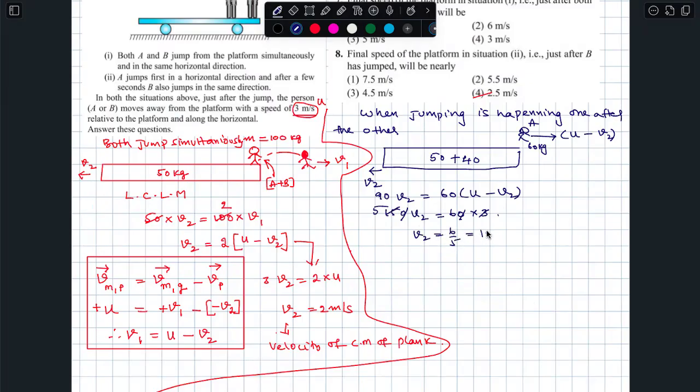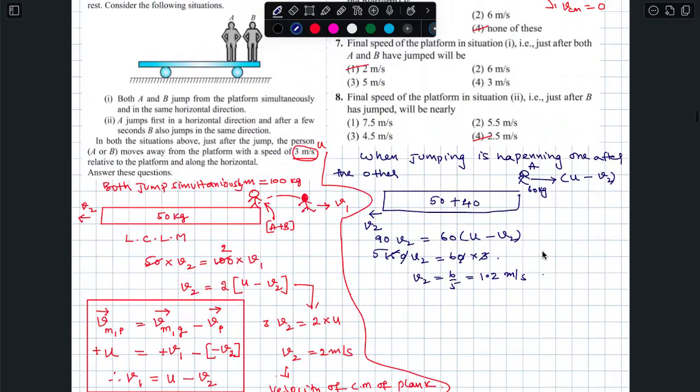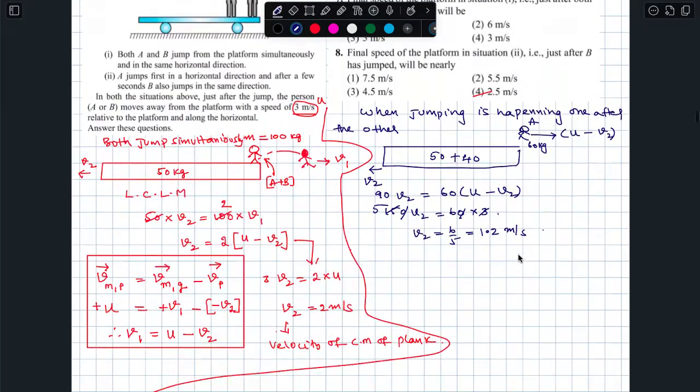This means 1.2 meters per second. Remember, this is the velocity of the platform when only A jumps.